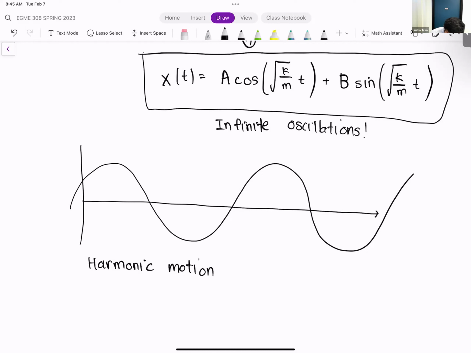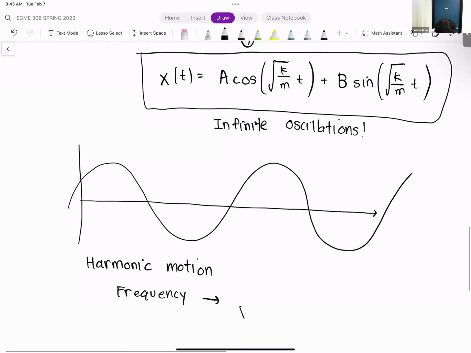And the frequency of these oscillations: if you notice, both the sine and cosine terms have the same frequency, so they have the same term in front of the t. And so the frequency of these oscillations is the square root of k over m.